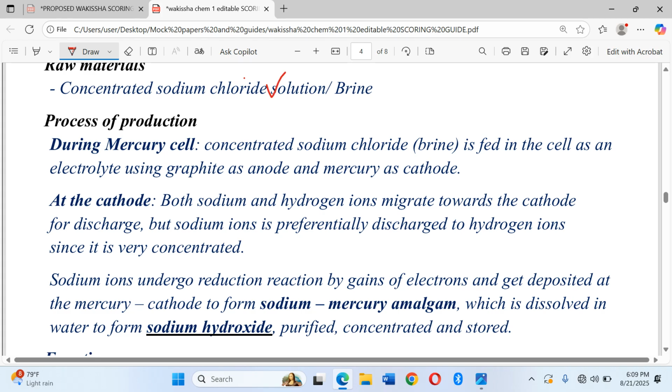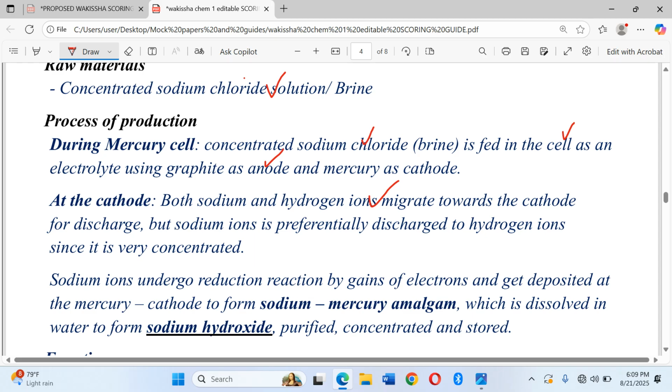Then we go to the process of production. So the process of production is saying that during the mercury cell, concentrated sodium chloride, which is our raw material, is fed in the cell as an electrolyte using graphite as anode and mercury as the cathode. At the cathode, both sodium and hydrogen ions migrate towards the cathode for discharge.